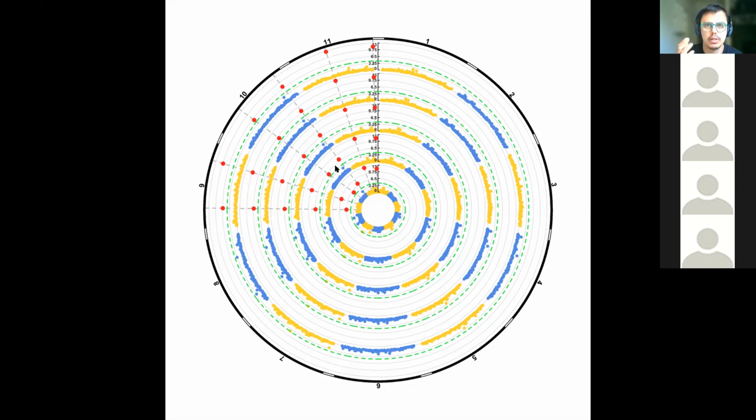So those traits, for example, ER components, are controlled by several loci that control that phenotype. So there are several regions that have effect in different phenotypes.